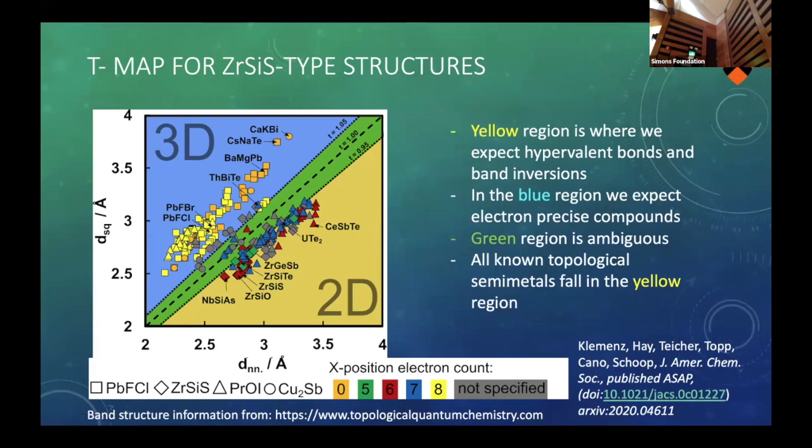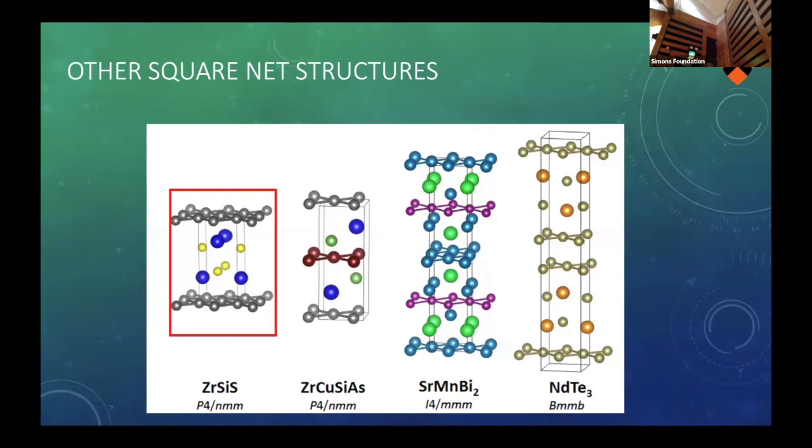Okay, so this plot was awesome because it showed us we can predict materials, but sadly, the materials we found through this weren't new. People already discovered these, and we couldn't present any new types of topological semimetals we found with this method. However, the nice thing about solid-state chemistry is that now that we established a structural motif of a square net to be of interest for a certain property, aka band inversions or topological semimetals, we can try to extend this to other crystal structures where we have the same structural motif.